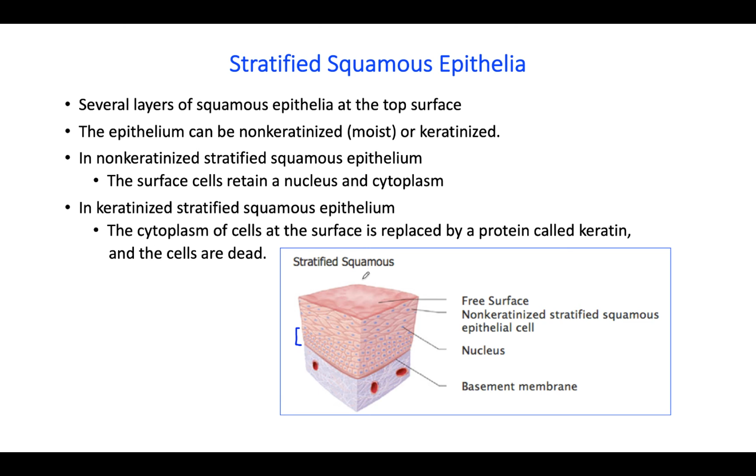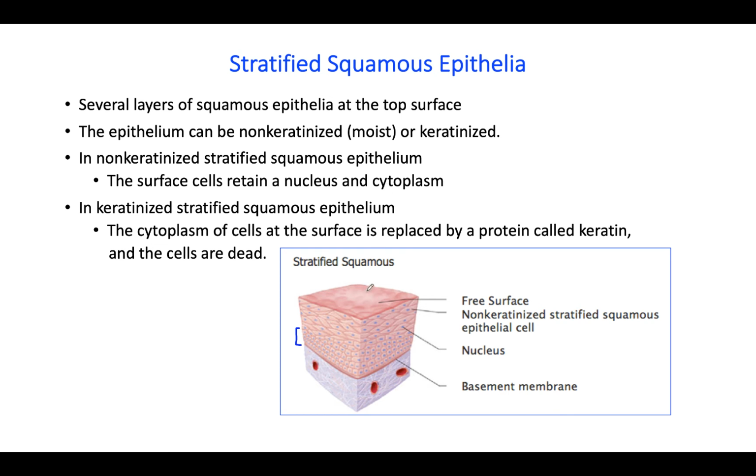This epithelium can be non-keratinized or keratinized. In the case of non-keratinized stratified squamous epithelium, the surface cells retain a nucleus and cytoplasm, so some kind of metabolism continues to take place.